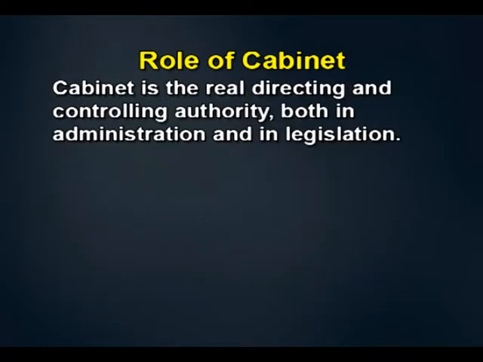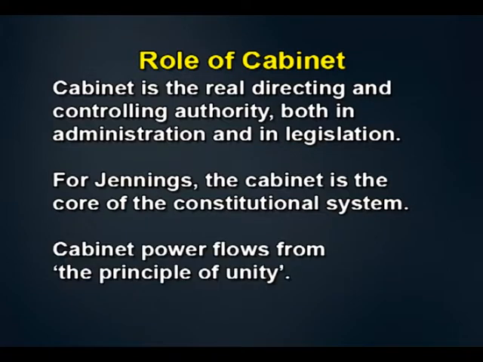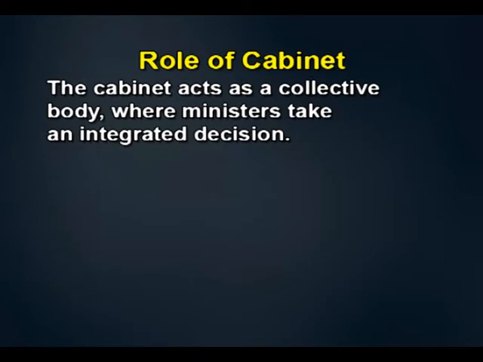Cabinet is the real directing and controlling authority both in administration and in legislature. For Jennings, the Cabinet is the core of the constitutional system. Cabinet power flows from the principle of unity. The Cabinet acts as a collective body where ministers take an integrated decision.